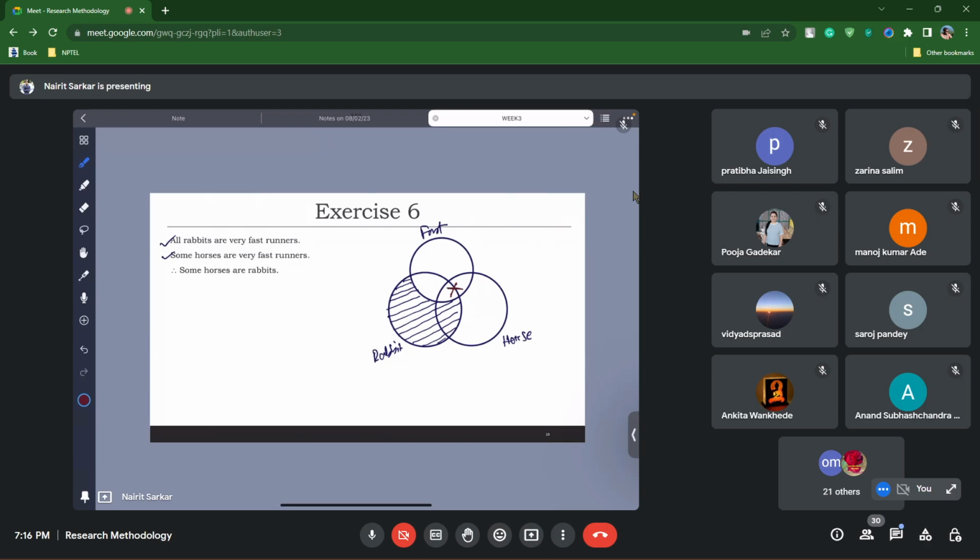Why? If we plot horses and some horses are rabbits, then there will be a cross between the two. Where?